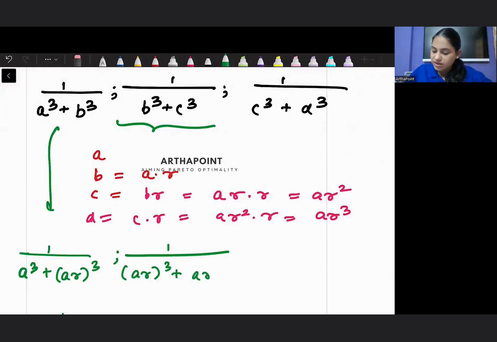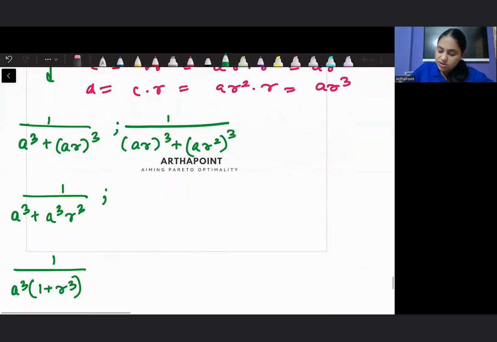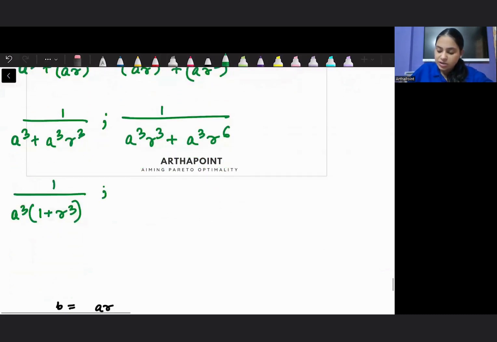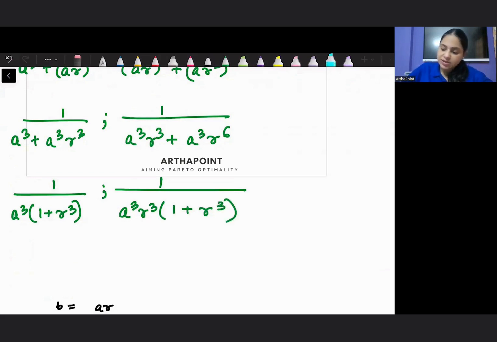Instead of C, I will write AR square whole cube, right? So here I will get 1 upon A cube R cube plus A cube R to the power 6, right? If I take A cube R cube common, I will be left with 1 plus R to the power 3. When the base is the same, powers get added, so 3 plus 3 will give you 6, right?